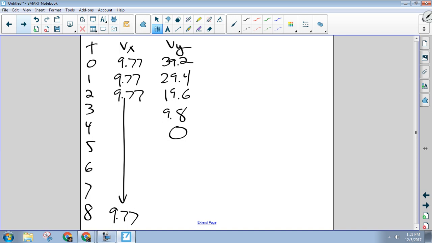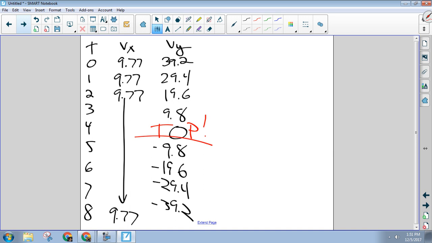So vertically, you've stopped moving at the top of the path, right? Isn't that when you stop moving up, and you begin to come down? So what should happen to my Vy's? They should now be negative. So this point here is important because it is the top.